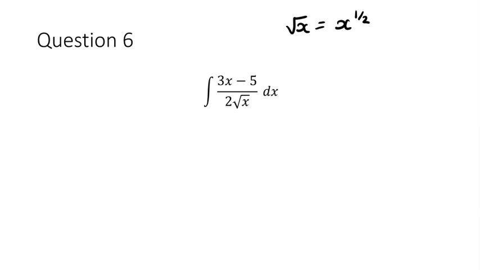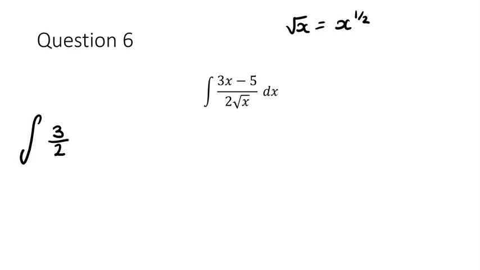So this just simply becomes, I'm just going to divide both of these terms on the top by 2 root x. So when I do 3x divided by 2 root x, I'm going to focus on dividing the numbers first. So I'm going to do 3 divided by 2 first. I'm just going to leave that as an improper fraction, 3 over 2.